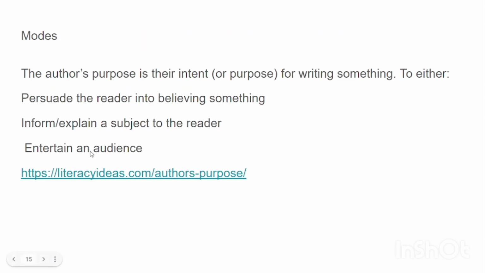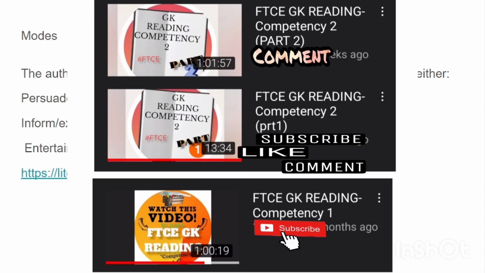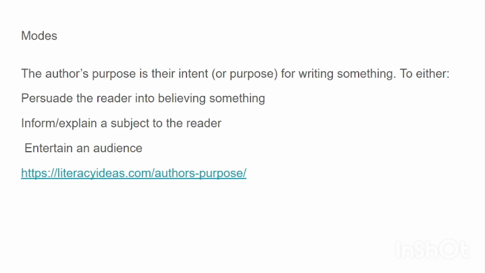That leads us to the first topic that I want to go over under sub-competency 4, which is modes. Remember, in my previous video, competency 2 review, please go ahead and check those out, I talked about author's purpose, which is the intent of or why they're writing something.